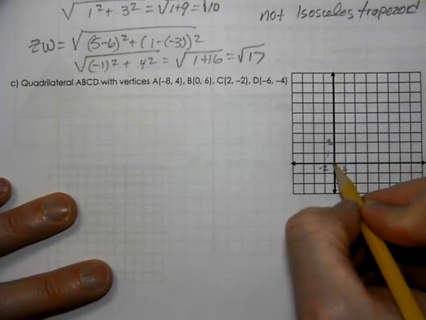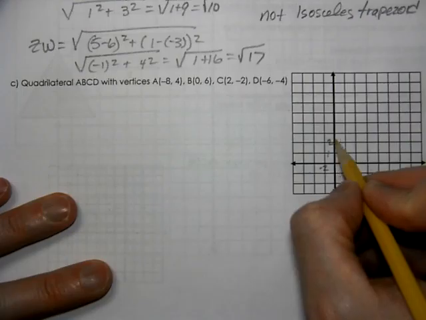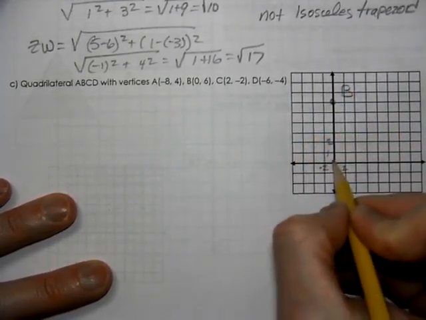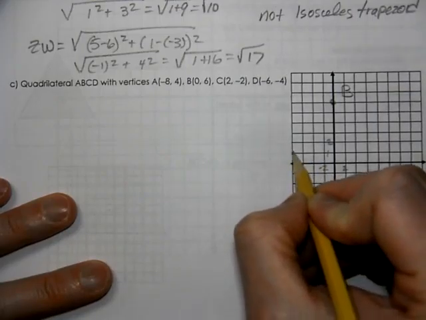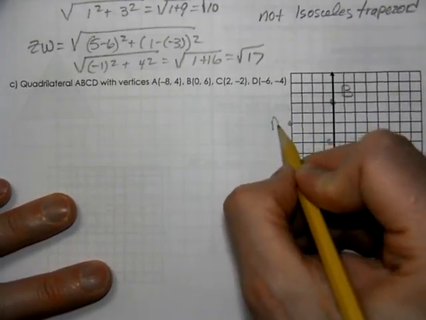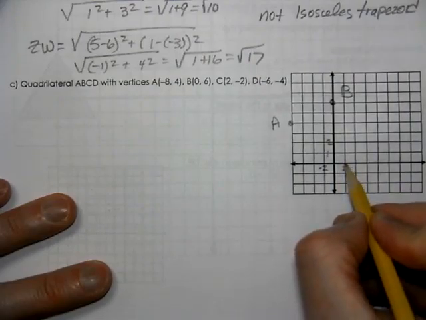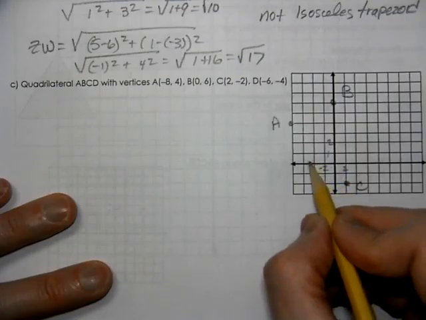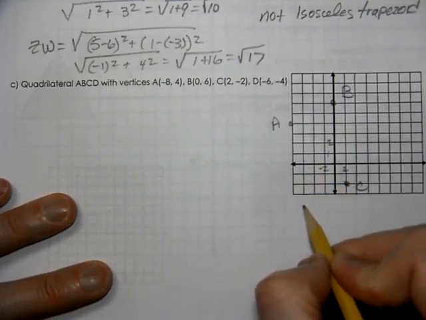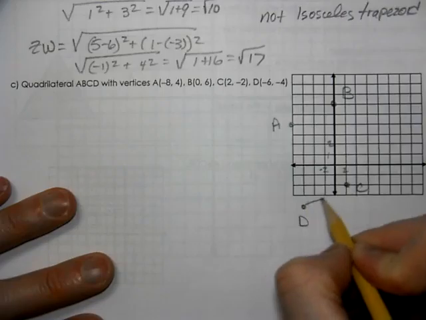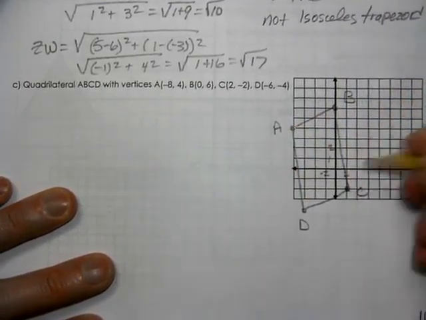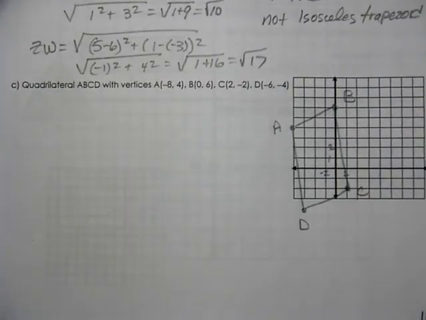So 0, 6, that was the B. 2, 4, 6, 8 was the A. 2, -2 was the C. And 2, 4, 6. The D just falls off the edge, but we'll make do with that. So we have our quadrilateral.